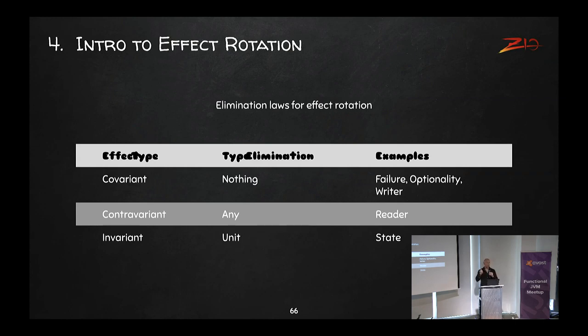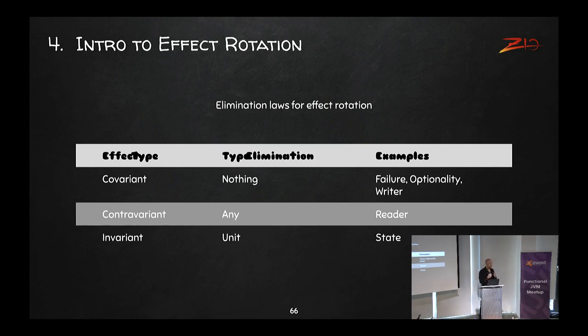Of course, you're going to have to force the user to deal with that value, to move it into value space or something. For example, if it's an error, they have to recover from that error. They have to do something. In the process of eliminating that effect, the user has to do something. For a covariant functional effect, they have to handle it. So you can change that type parameter slot into nothing. That information has to go somewhere, like into the value channel.